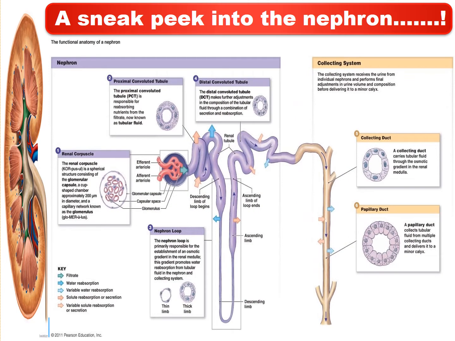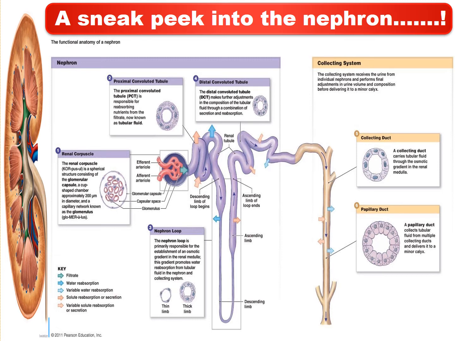It is clearly mentioned in this diagram, and we can easily understand the mechanism and the physiological role of the nephron in the formation of urine. So focus on the first point. One by one we will discuss the functioning of the nephron.